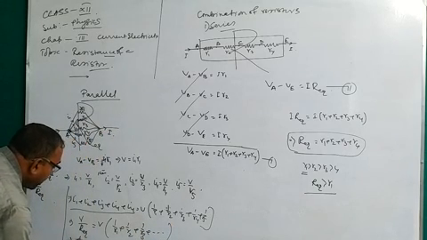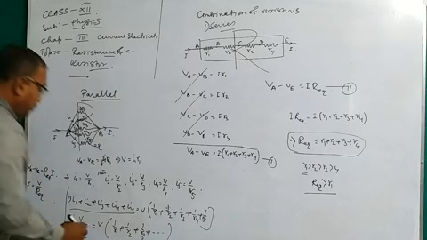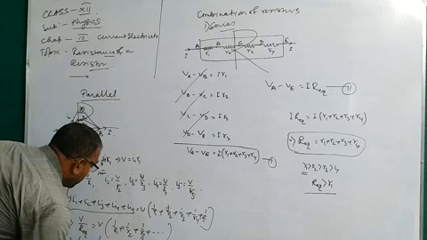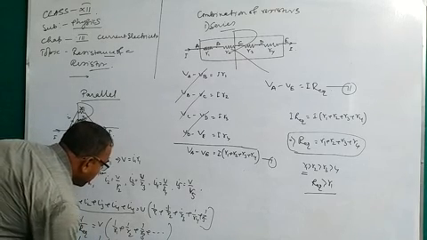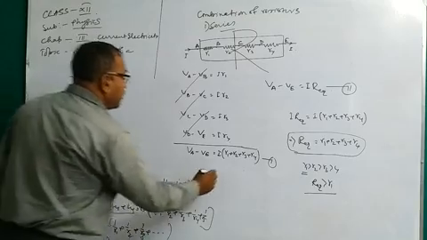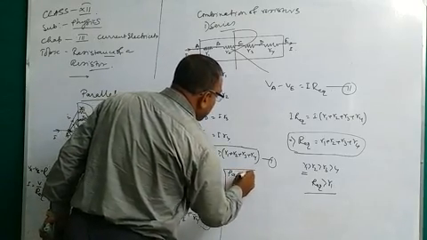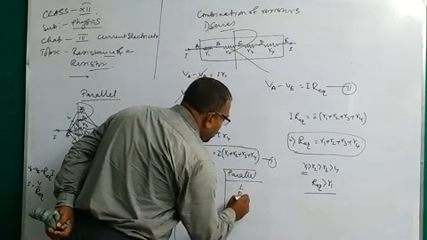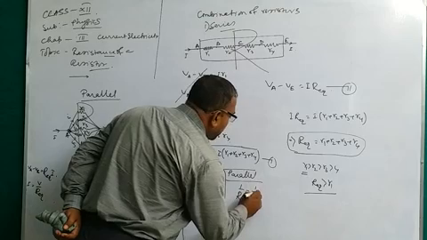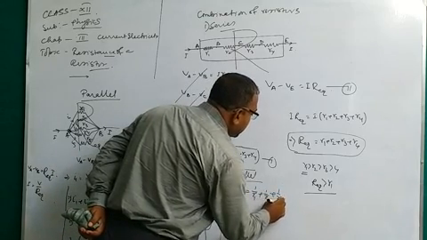Then 1 by R equivalent equals 1 by R1 plus 1 by R2 plus 1 by R3 and so on. Means for the parallel circuit, 1 by R equivalent equals 1 by R1 plus 1 by R2 plus 1 by R3 and so on.